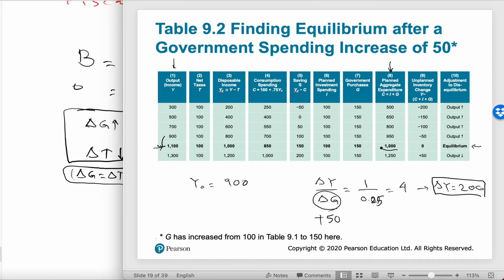Where is it equal? The planned aggregate expenditure is C plus I plus G, and this should be 1,100, so this is income equal to C plus I plus G. So there's a mistake here.